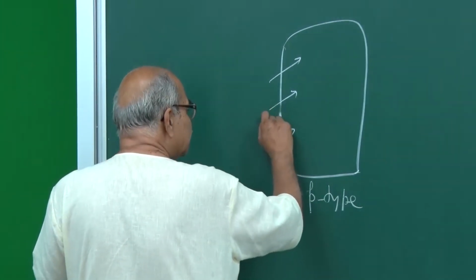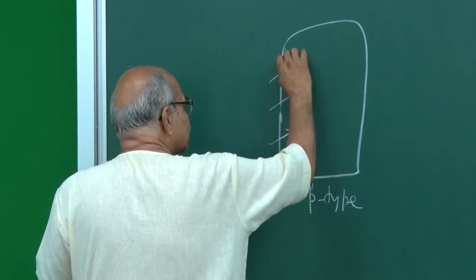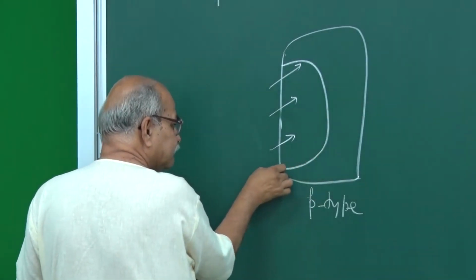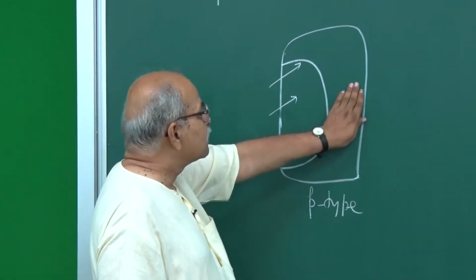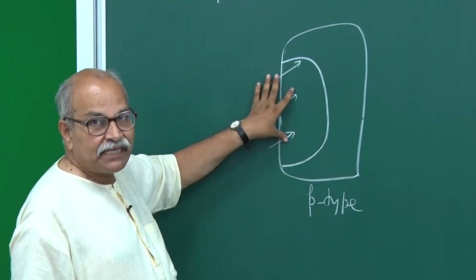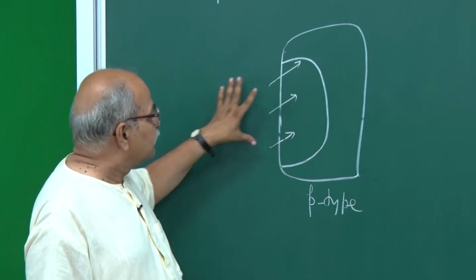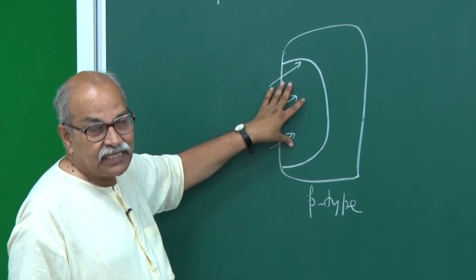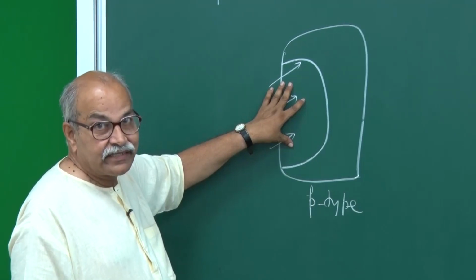So, that is now diffused in a much more controlled manner, so that it goes only up to some depth. So, this side still remains p-type, but here dopants of pentavalent impurities are diffused into this in a larger concentration.